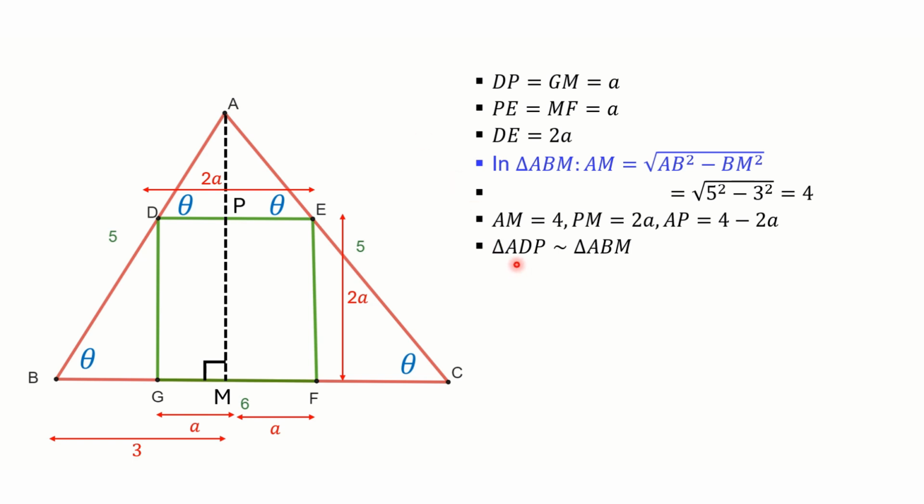Now let us consider triangle ADP and triangle ABM. These two triangles will be similar. Why?